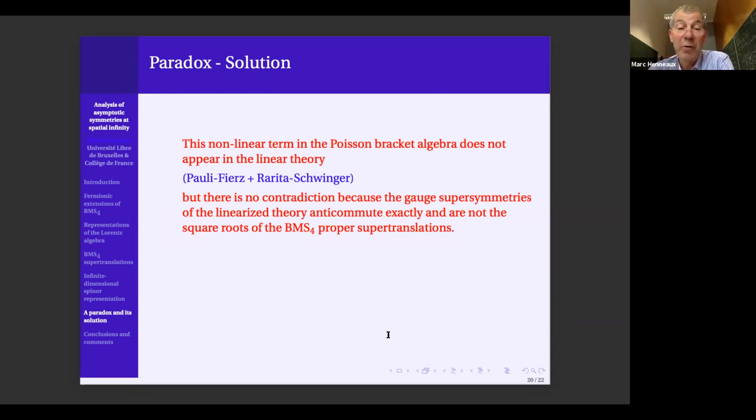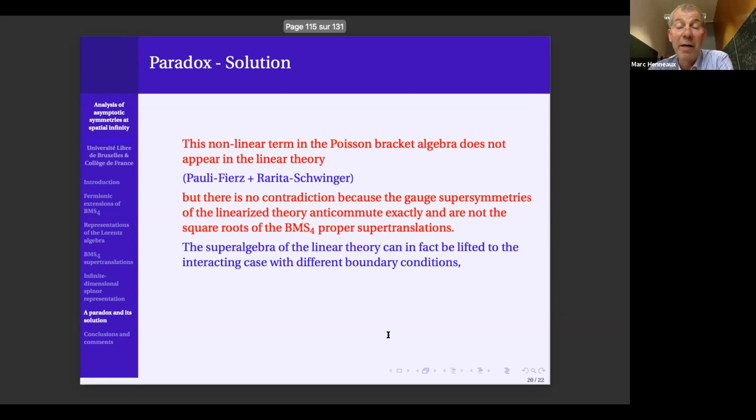You have the square roots of the ordinary translations, which are given by the rigid supersymmetries of the linear theory, but the gauge supersymmetries that come from the gauge symmetries of the gravitino field are abelian in the linear theory, and so this phenomenon does not occur. And actually one can lift it with some other boundary conditions to the full theory, but it's in a sense less interesting.